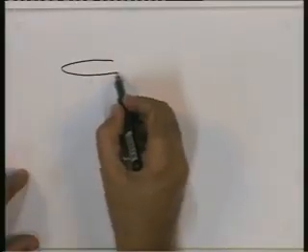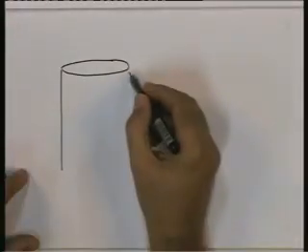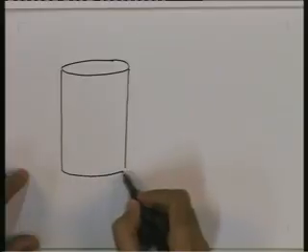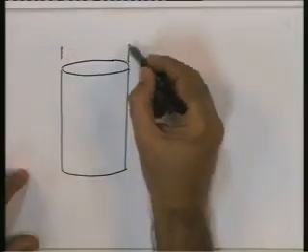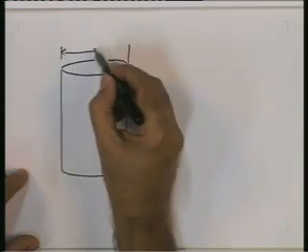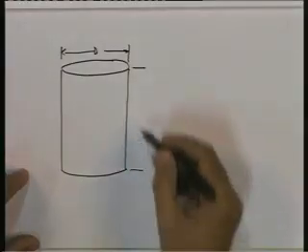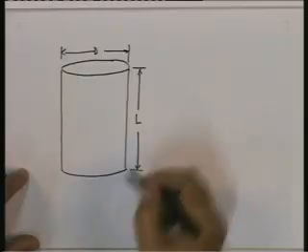Although we have a correlation for a vertical flat plate, suppose we have a situation where we have a vertical cylinder of diameter d and height L, and it is vertical.